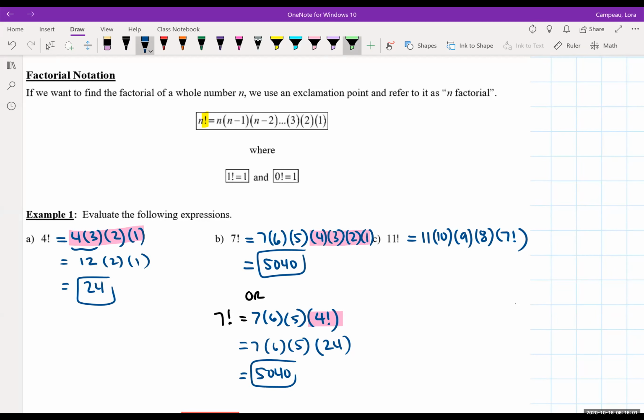So if we want to look at that, we realize that 7 factorial is the same thing as 5,040. So it does take a little bit of time off of your computations. So if we were to plug this into the TI, let's go for it.